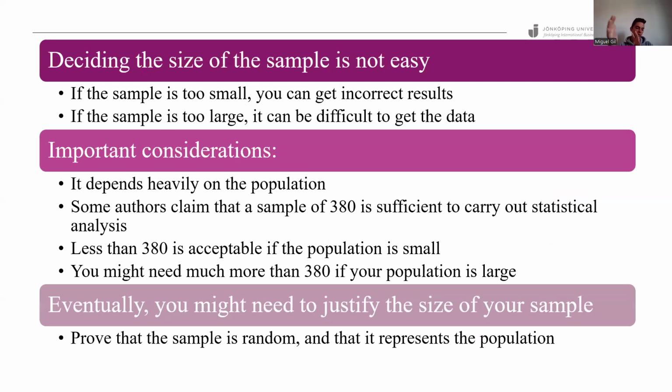Then if we go to the other concept, the sample, a very important aspect that we need to discuss is how big the sample should be in order to make it valid. Because if you have a population of 8 billion people, if you want to study everyone, how large should the sample be?